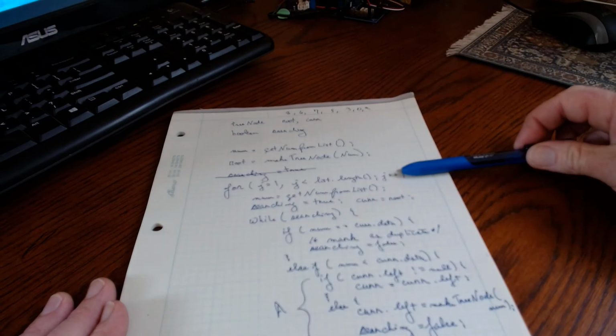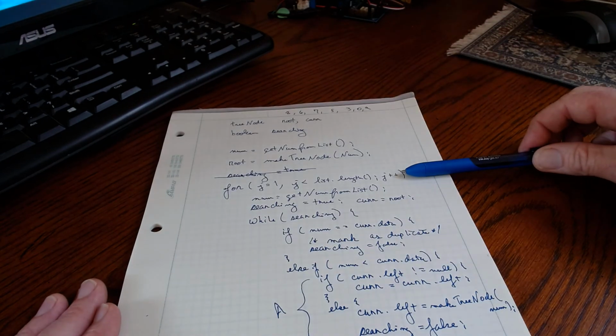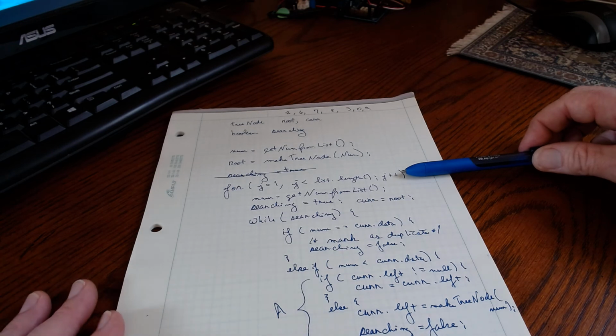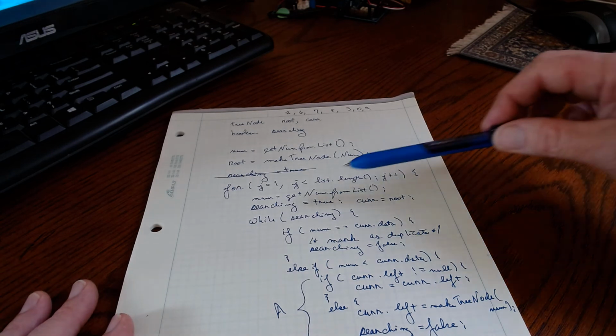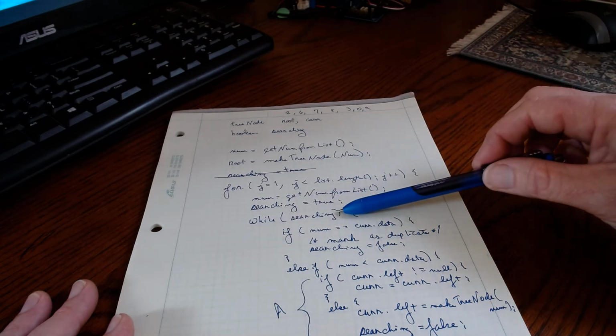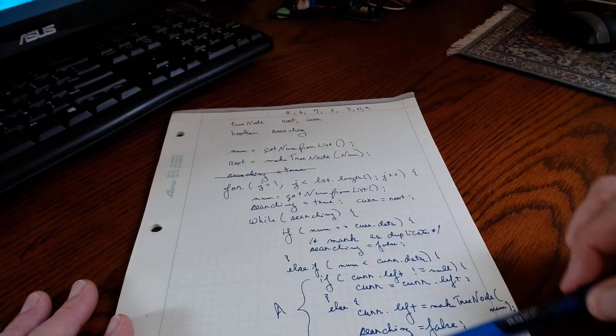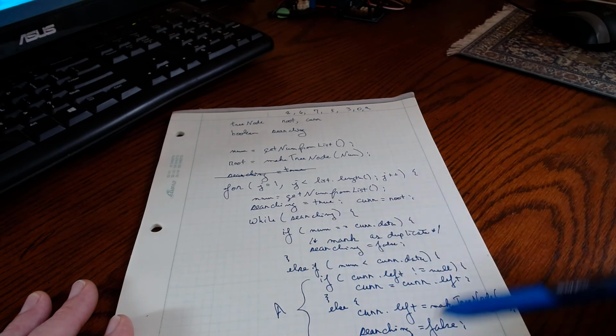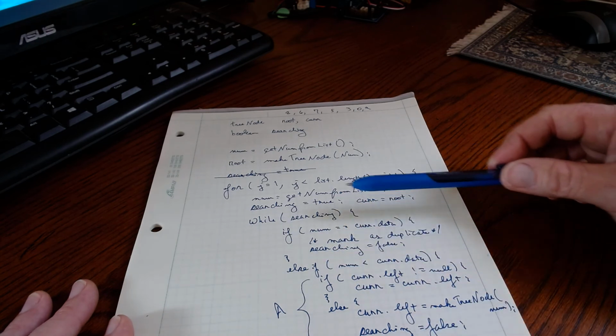We go into a loop here that's going to go just for the length of the list. Each time we grab a number, we set searching to true, we set current to the root. Then we go into a while loop that's going to find where our number is going to live.